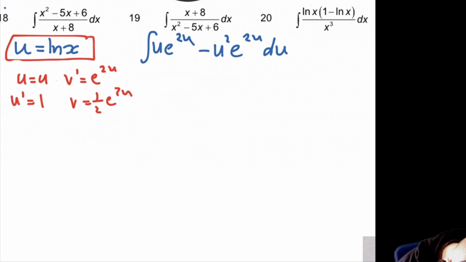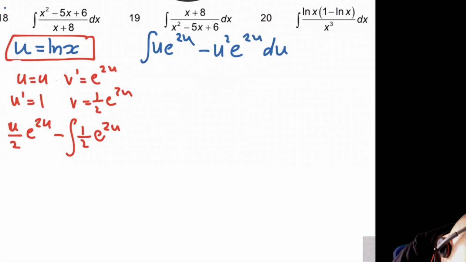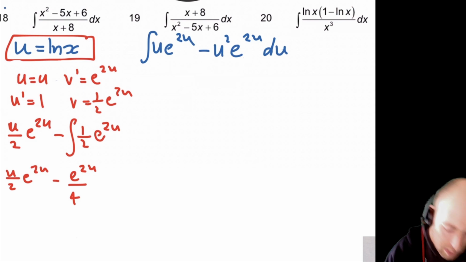So put it all together, u over 2 e to the 2u minus the integral of a half e to the 2u. So we get u over 2 e to the 2u minus a quarter e to the 2u. So that is the first part there.